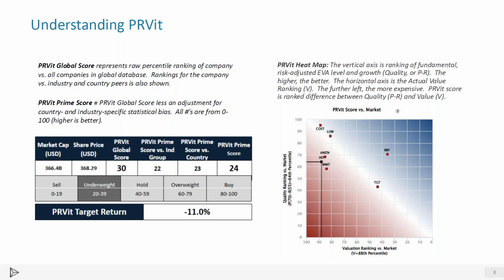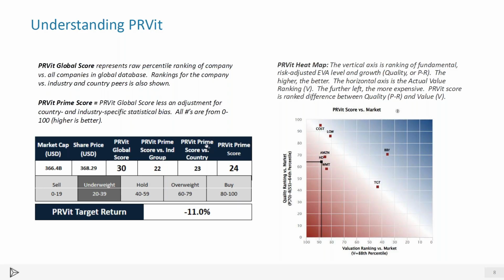Prove It takes into account the profitability and valuation metrics that Gavin just went through. So Prove It is profitability, the P, the R, and the V are profitability, risk, and valuation. We've got the main scoring box here on the left, which shows Prove It scores versus different universes. So we're going to look at sort of Prove It versus the industry group of the company.